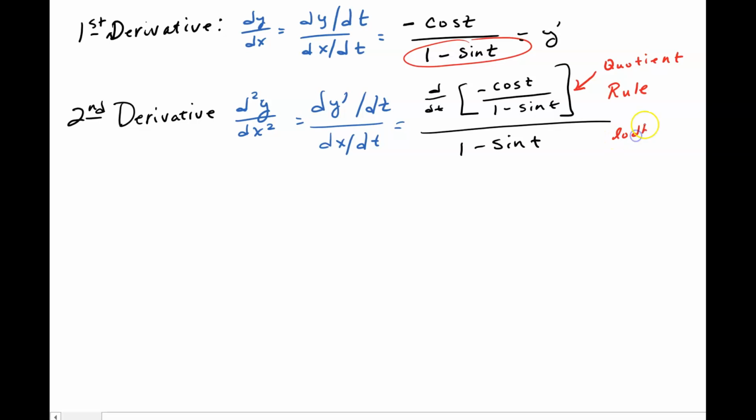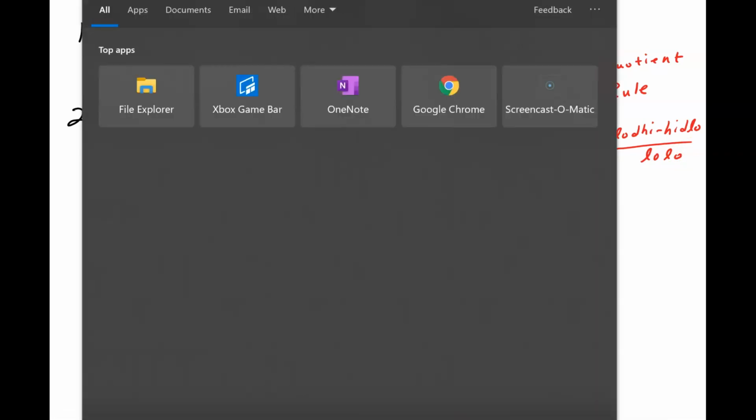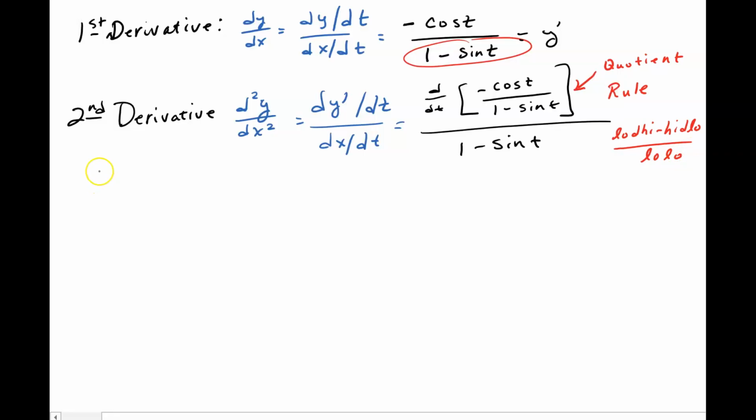Well, I say low d high minus high d low over low low, which is the bottom squared. I've got that in place, and I'm going to say high is negative the cosine, low is 1 minus the sine. d high is the derivative of the top, or derivative of high.